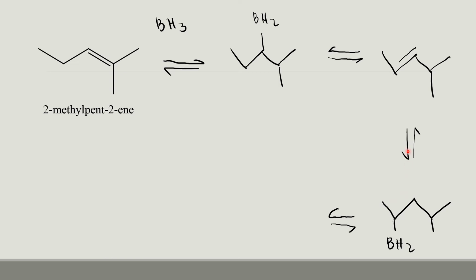Pwede siyang bumalik doon or pwede siyang mag-form ulit ng panibagong klase ng compound, which is ganito. Yan. Okay? So, we have all of this, no? Marami, no? Meron tayong ganito, meron tayong ganito, meron tayong ganito.